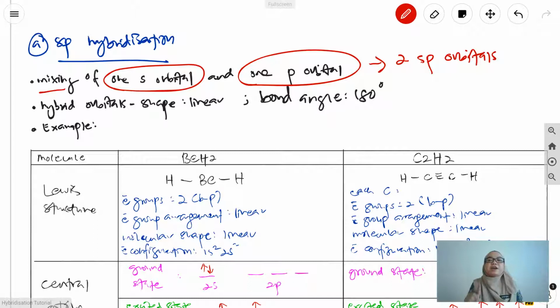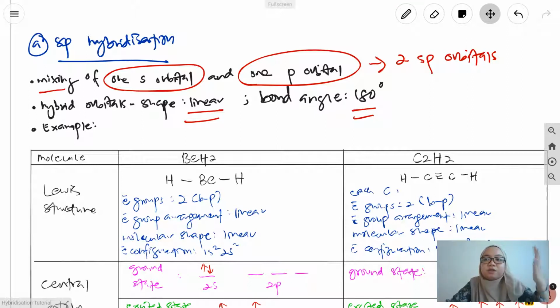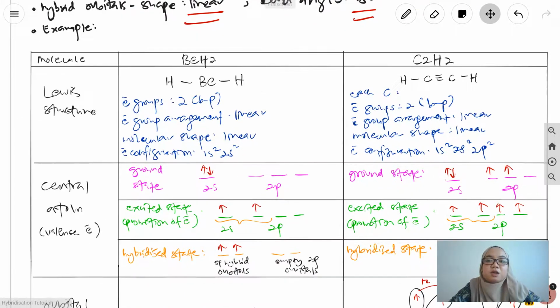And the hybrid orbitals will have a linear shape with a bond angle of 180 degrees. So let's look at 2 examples of the formation of sp hybridization. I have done a bit of this and we are going to do the next one together. I have done this one first so that it can save time.